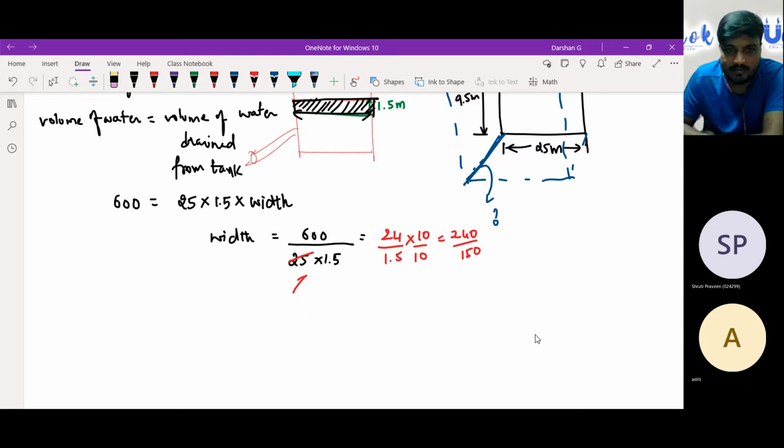Okay, let me try again. How did you do, Shruti? 25 fives are 125. This is right. Ones are 5, I'm left with 1. Twos are 20s. This is fine. So this is 5 ones are 5, 5 twos are 10.